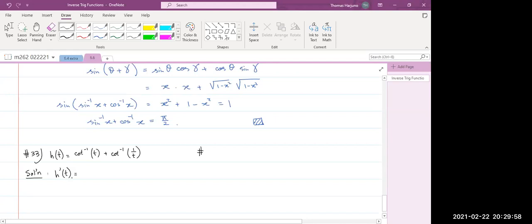So this is negative 1 over 1 plus t squared minus 1 over 1 plus 1 over t squared, times the derivative of 1 over t, the chain rule.